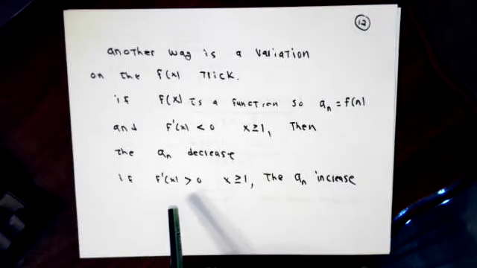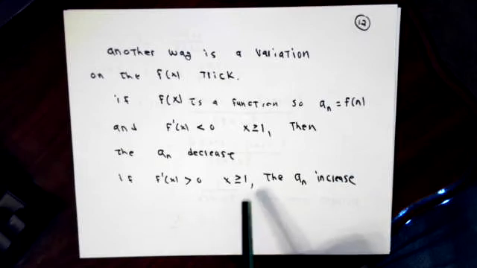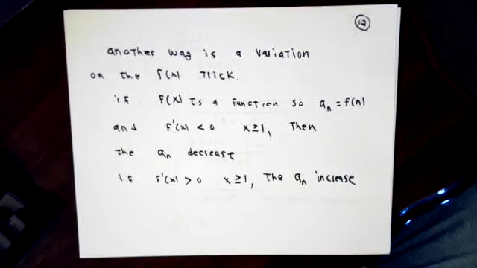If f prime of x is always positive for x bigger than or equal to 1, this means in particular the a sub n's are increasing as well, because they're function values for the f function. So this is another variation on a theme of a trick that we've used before.